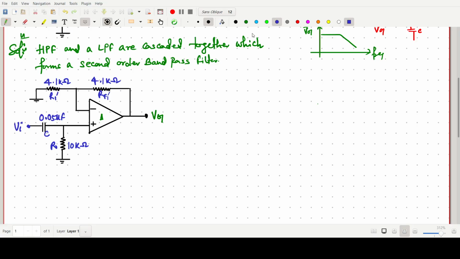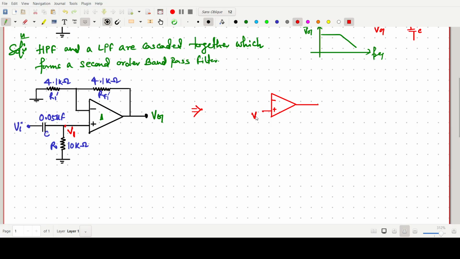If I call the voltage at this point V1, this circuit is very similar to a non-inverting op amp. I am going to simplify the circuit: this is minus and plus, and we are taking the output.